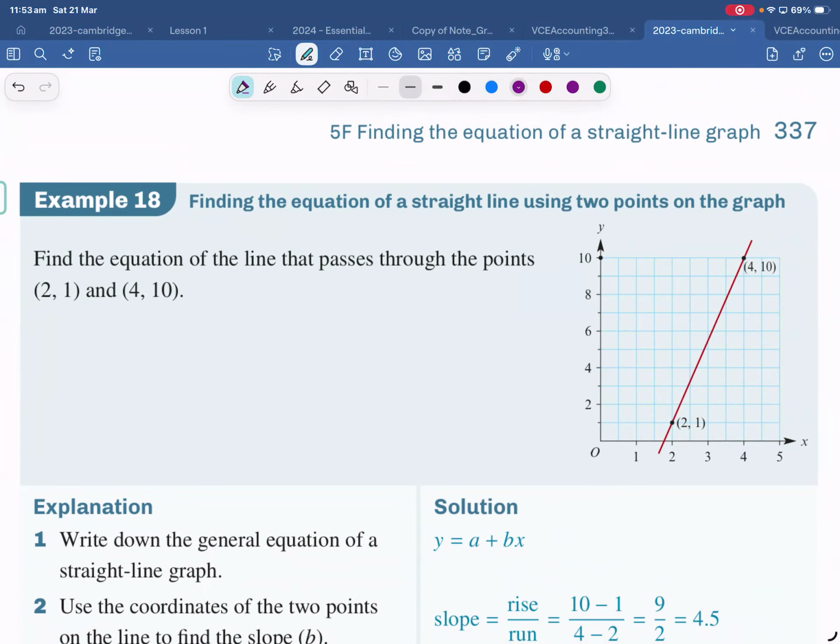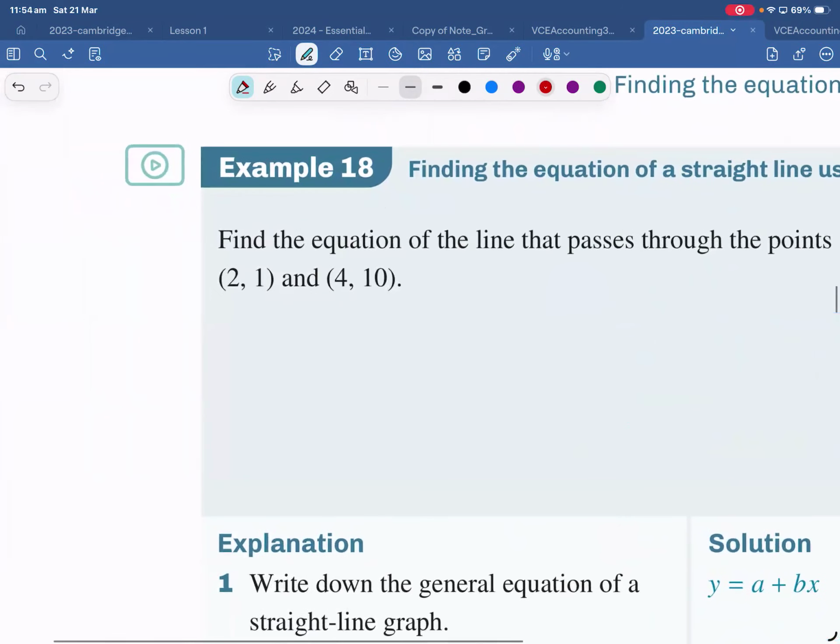But that's fine. Let's say, imagine this graph wasn't given. So I'm going to hide it. We are going to use these 2 points. Still, we can do the same thing. You can name whichever number 1, number 2. I would call this one coordinate 1, and this one coordinate 2.